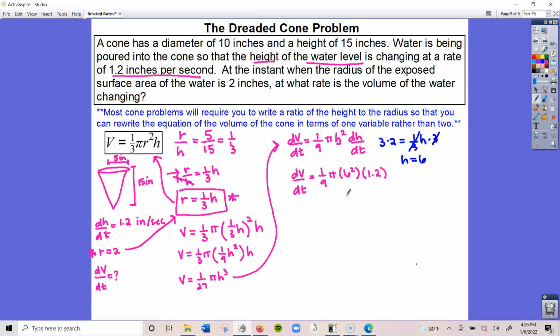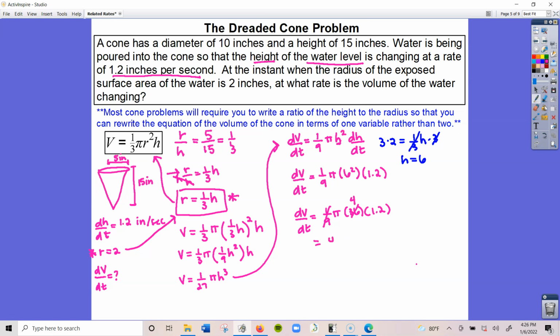Now let's multiply everything out, and basically I have no more variables and I have already solved for what I'm looking for. So dV/dt is going to equal 1/9 pi times 36 times 1.2. Now 36 times 1/9, that's 36 divided by 9, so this is 4.